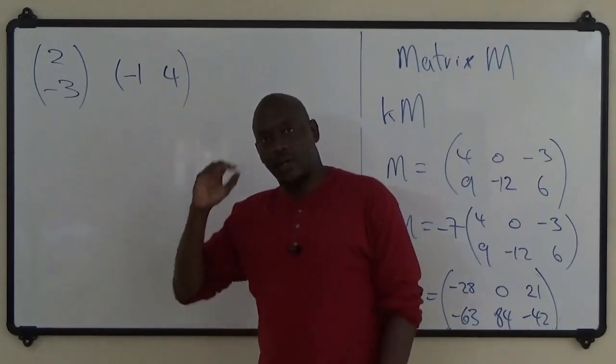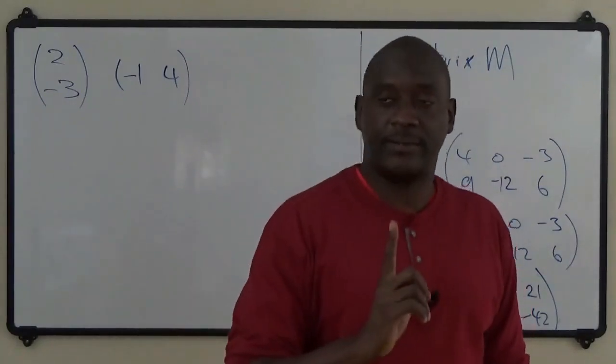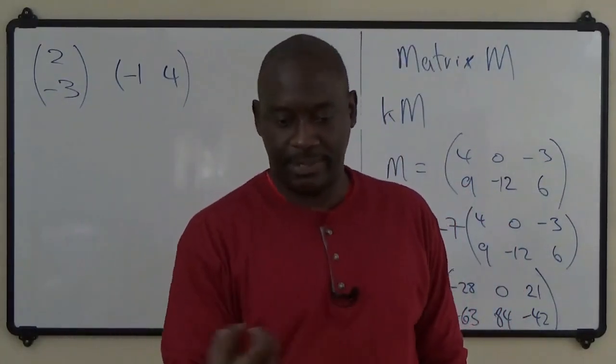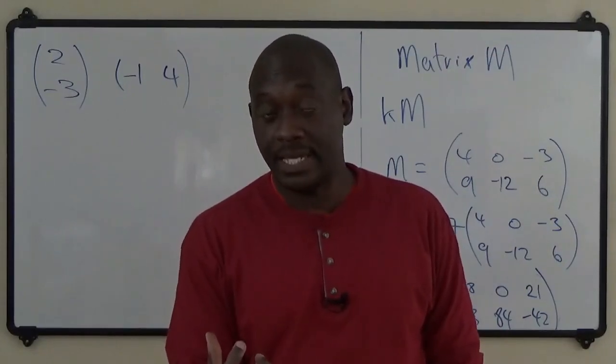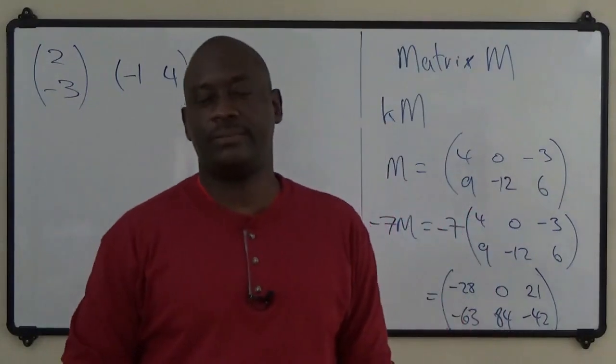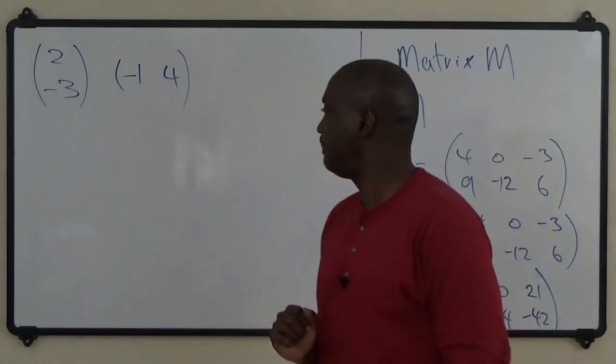The order doesn't have to be the same. In fact, the only case where the order of the two matrices that I'm multiplying will be the same is if you have two square matrices being multiplied by each other, which we'll do an example of in a little bit.